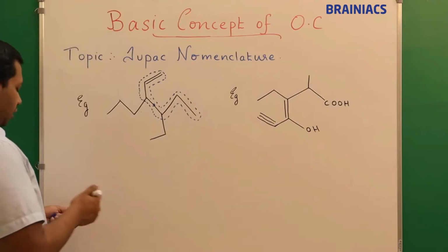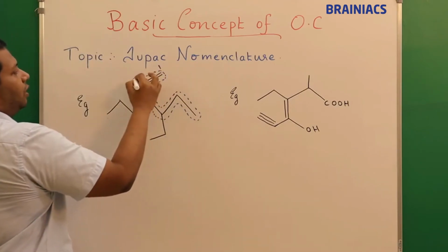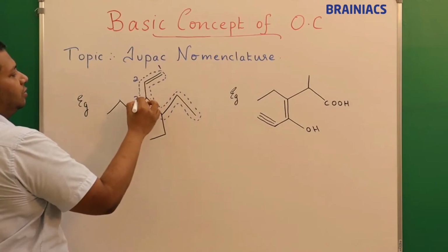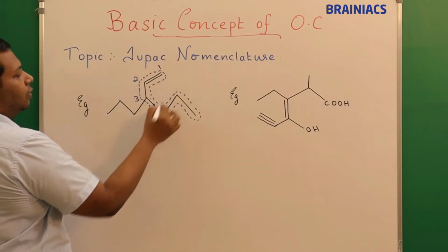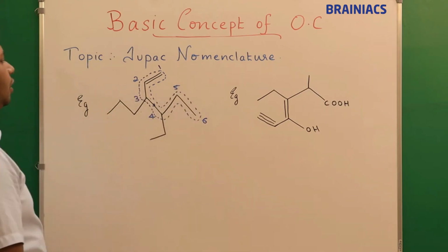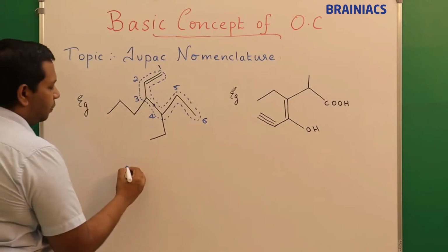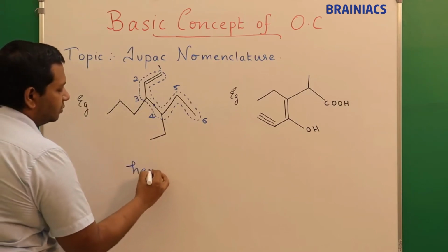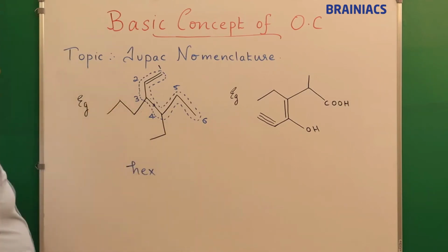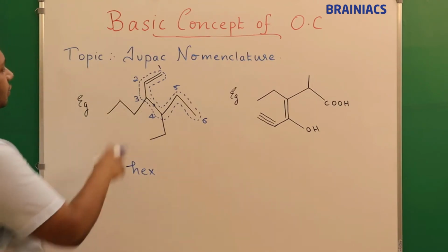Okay, now how to number it? You know that the multiple bond should get the least number. So this is 1, this is 2, then 3, then 4, then 5, then 6. Okay, so 6 carbon atoms are there, so I will put the word root as hex. Now the primary prefix is not there, but the secondary prefix will be there because there are substituents.